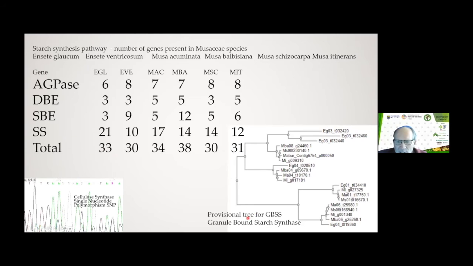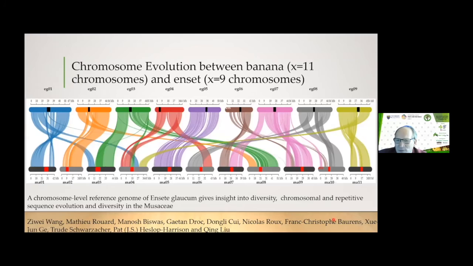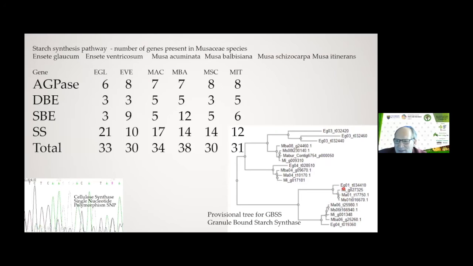But our provisional analysis shows that one of the granule-bound starch synthase, you can see that down this is one member of the family, and you can see that it's present in Ensete glaucum, Musa balbisiana, Schizocarpa itinerans, and acuminata, similarly here, present in most of them.